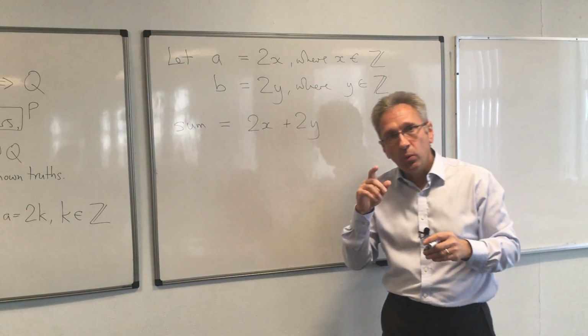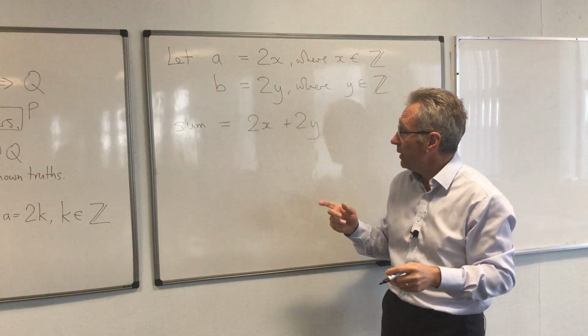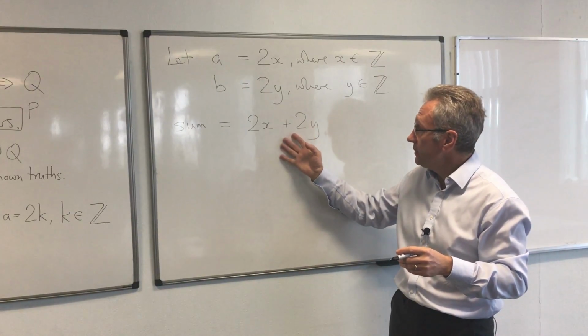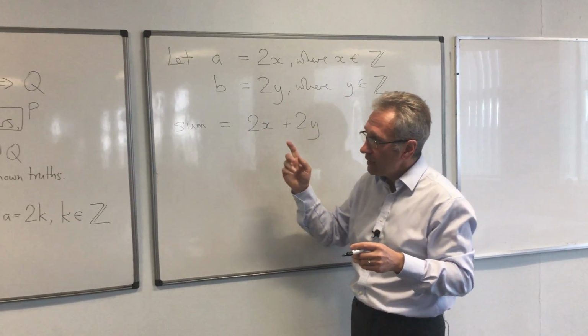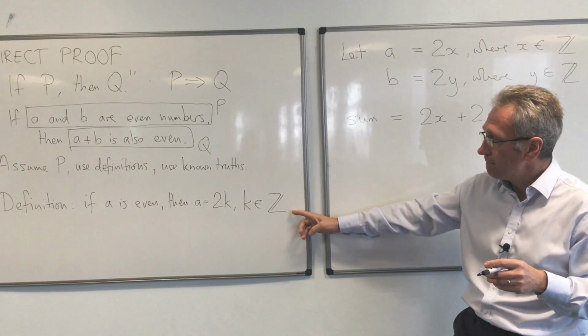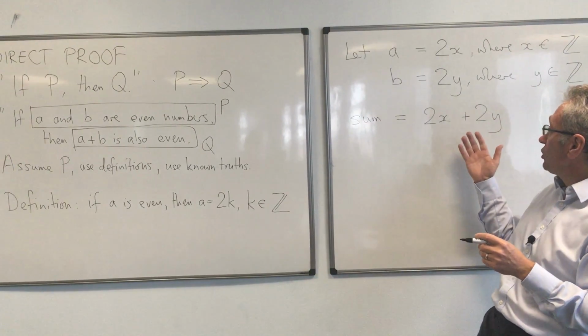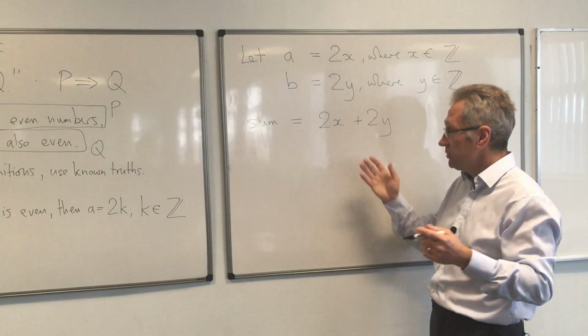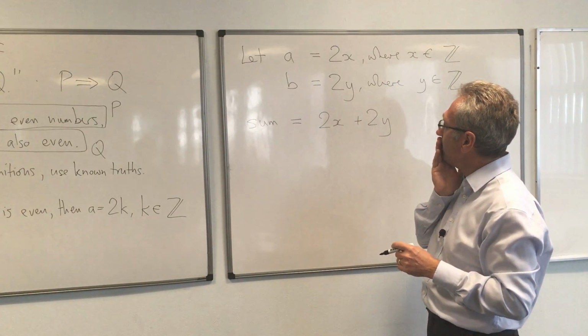We've got to remember where we're going. We've got to remember that we're trying to show that this thing is an even number. In other words, it accords to that definition there. So in other words, we've got to show that this thing is 2 times an integer, some integer. How can we do that?